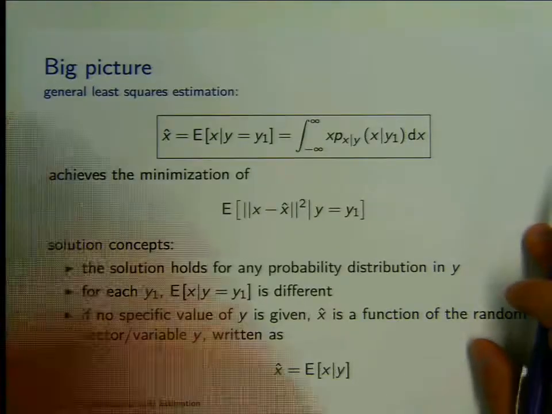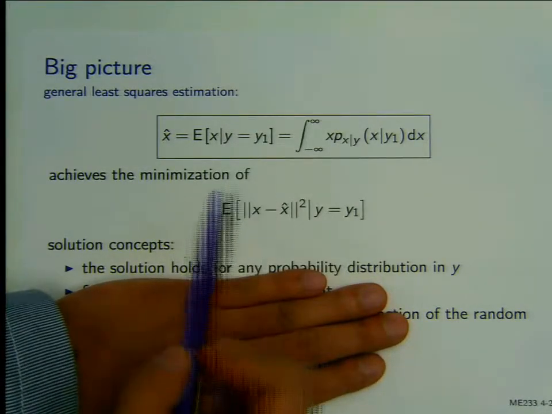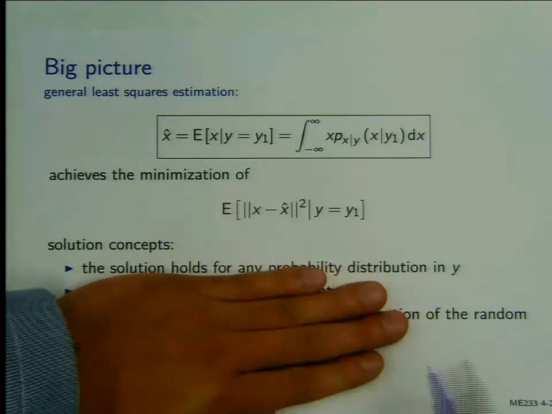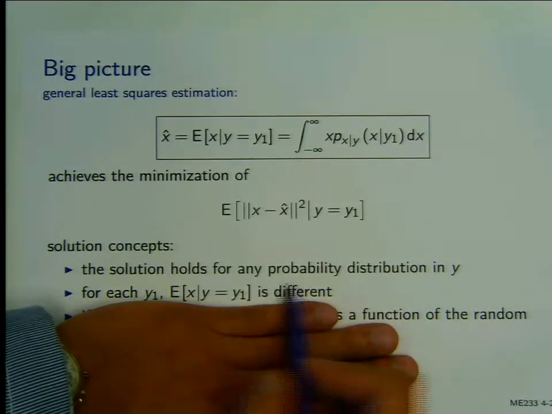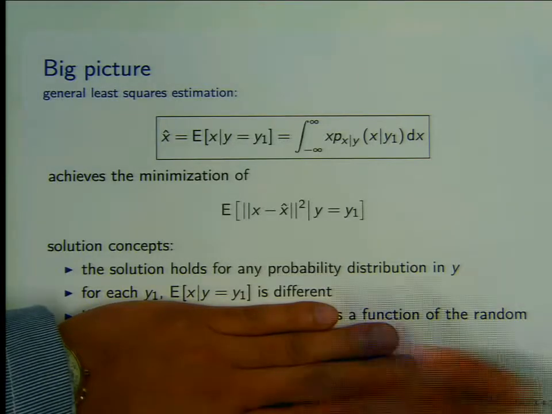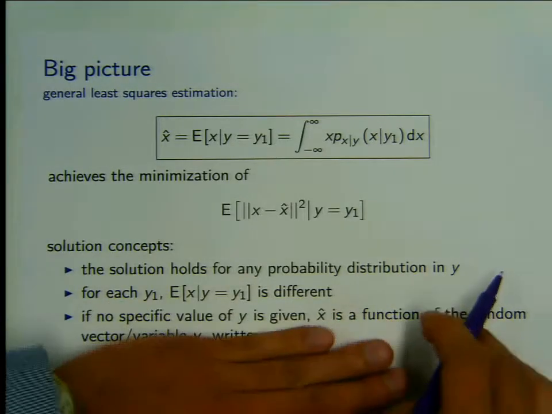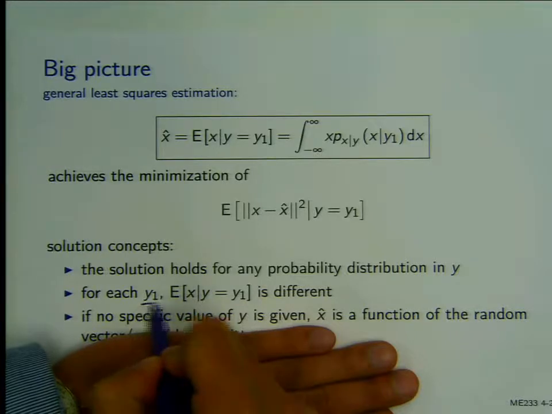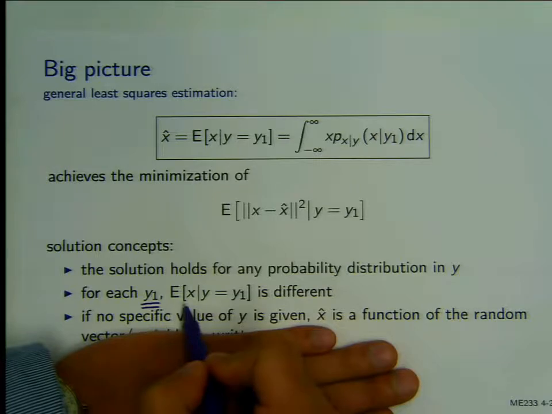Let's take a look at some of the ideas coming out of this solution. Conditional expectation minimizes this quadratic squared cost. As you can see, I haven't specified any probability distribution for x or y, so the solution holds for any probability distributions. If I give one measurement of y, I get some conditional expectation.